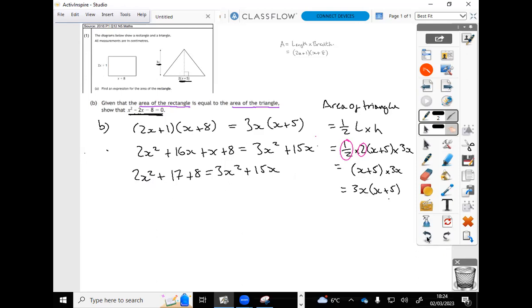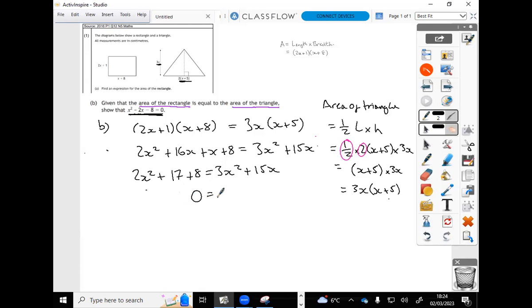Just look out for that. If I brought the 3x squared term over to the other side, it would give me negative, and it would essentially give me that expression backwards, which isn't a bad thing. We just have to correct it. So moving the 2x squared term over, moving the 17 over, moving the 8 over, will give us 0 on the left-hand side.